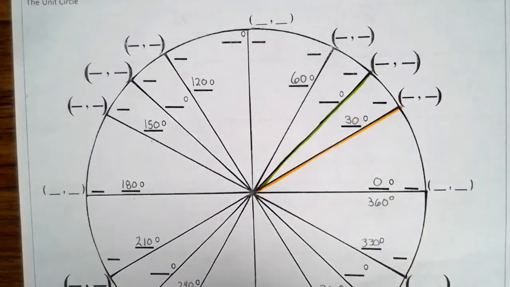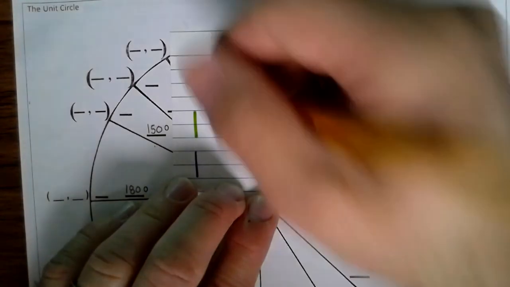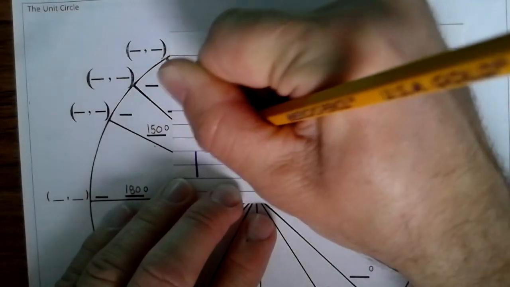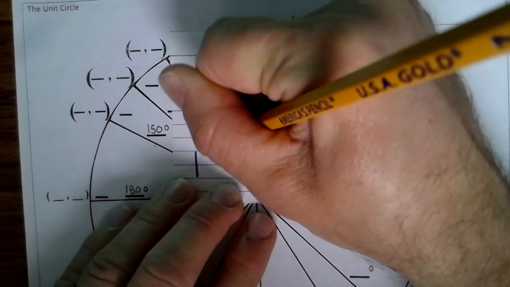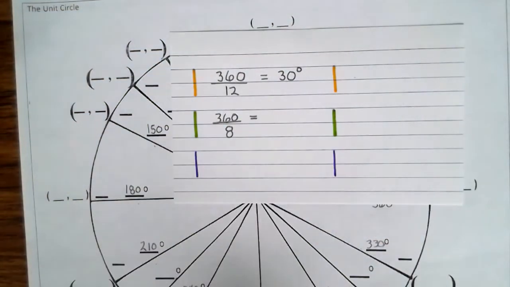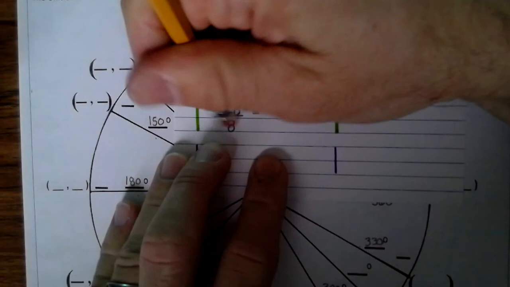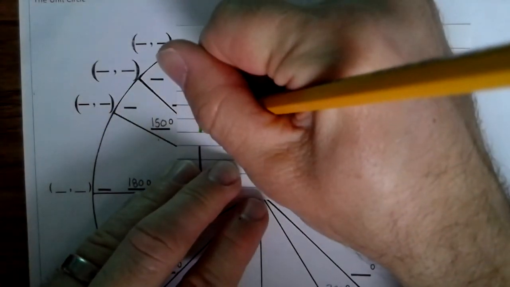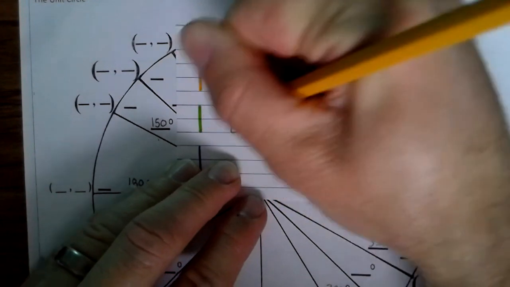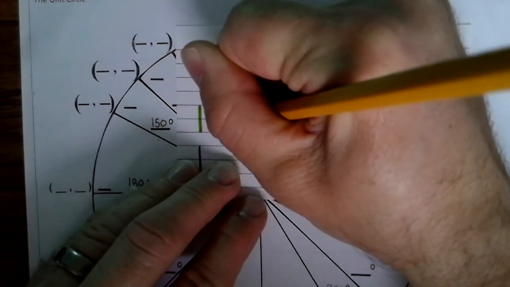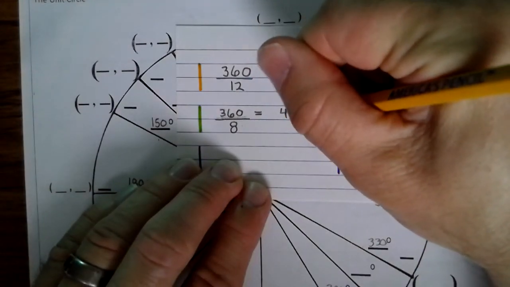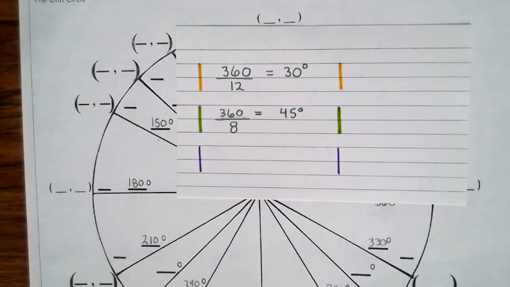So that would be 360 divided by 8. And that just looks terrible. Let me try to redo that. Which is 45 degrees. Okay, so each of these pieces is 45 degrees.